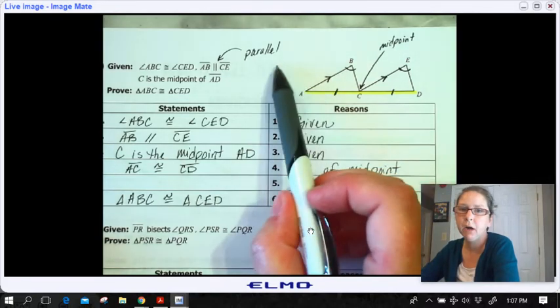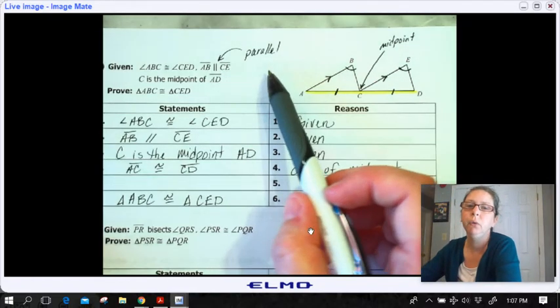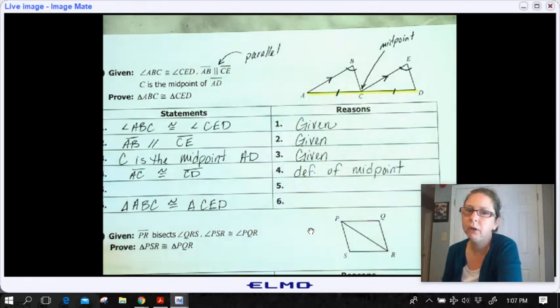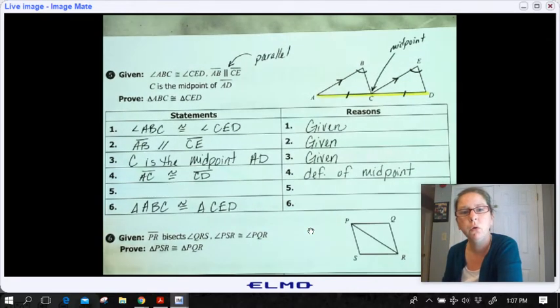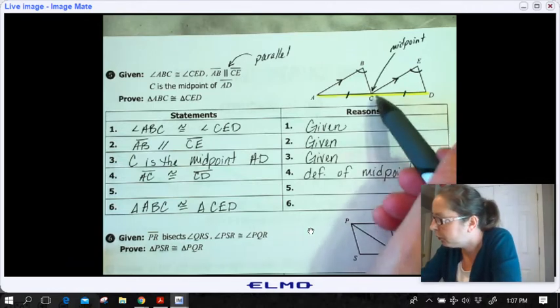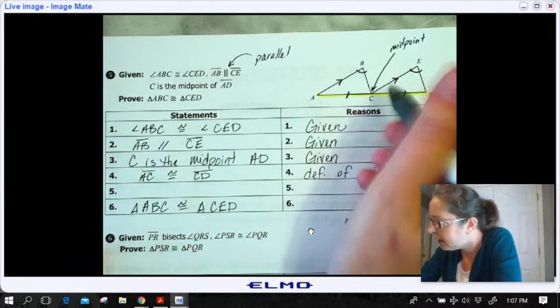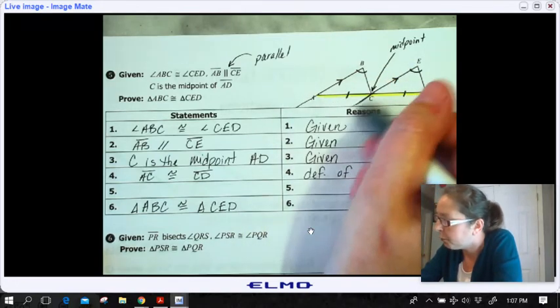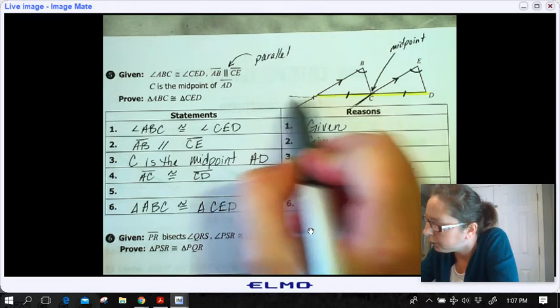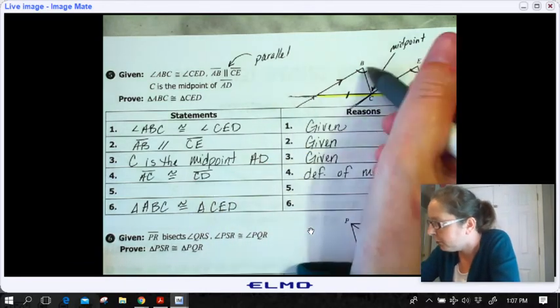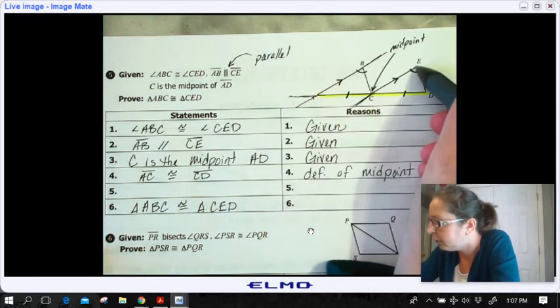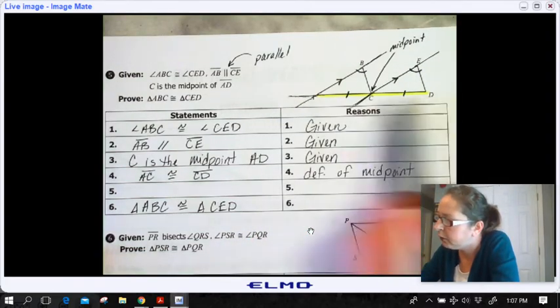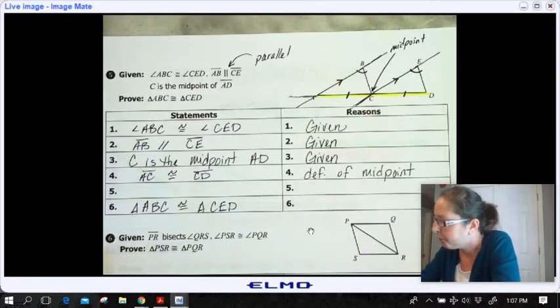So I see that I've got parallel lines here, guys. So I need to start looking for alternate interior, alternate exterior, or corresponding angles, okay? So if I were to extend these just a little bit to make their parallel lines look, okay, so I've got these two parallel lines and they're being cut by this yellow transversal, okay?